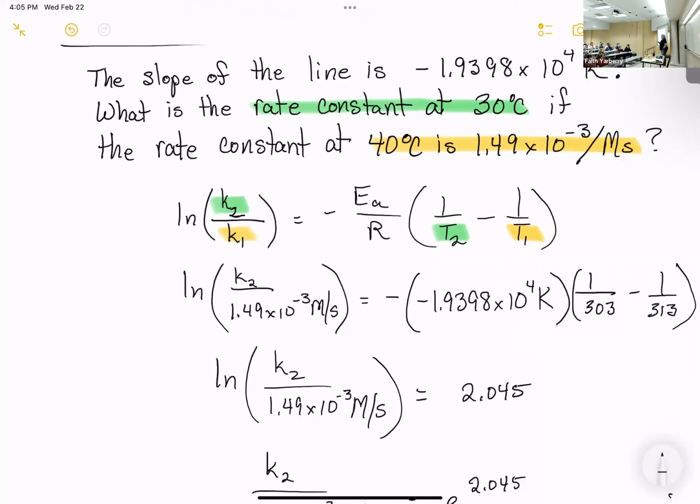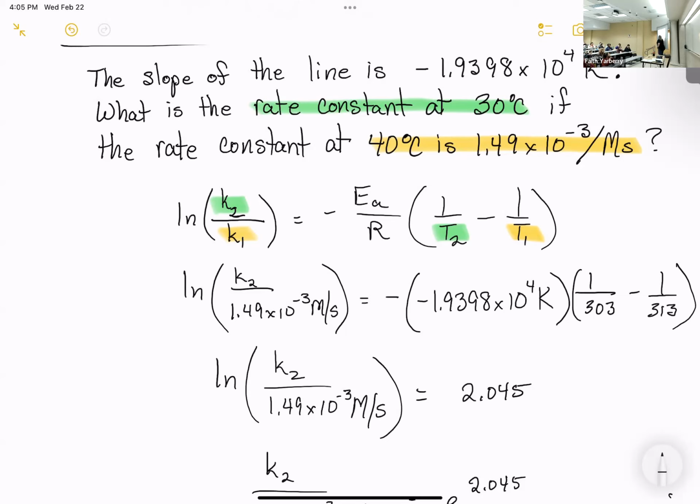I highlighted these so that I kept things together, and folks, you can bring highlighters. The rate constant at 30 was the one I wanted to figure out, so I made that K2, which meant T2 had to be 303.